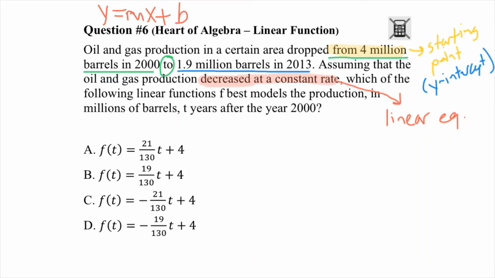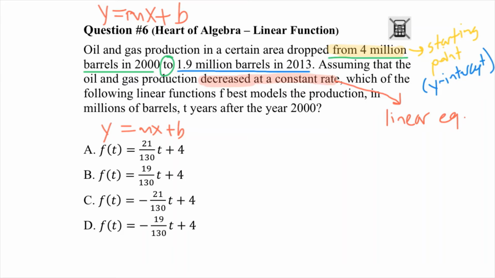So check this out. What is the difference? Y is equal to mx plus b, so instead of x, you have t here. M is your slope. B is y-intercept, your starting point. And f of t actually means y.